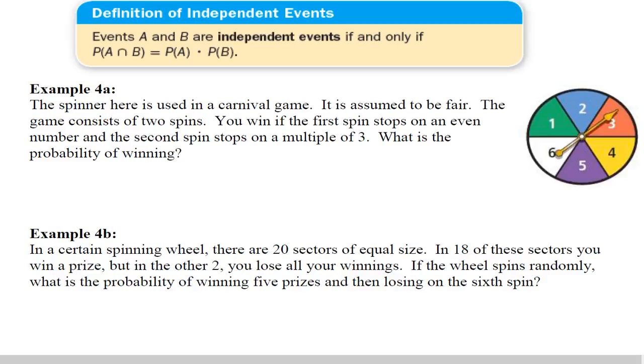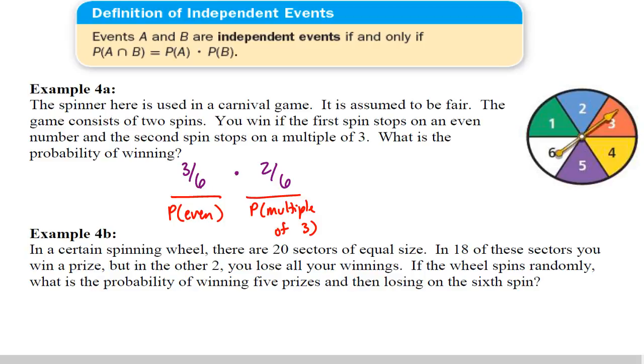Again, we have 2 events. The first event is the probability of getting an even number. The second event is the probability of getting a multiple of 3. If you look at that spinner, there are 3 numbers that are even, so I have a 3 in 6 chance of getting an even number.